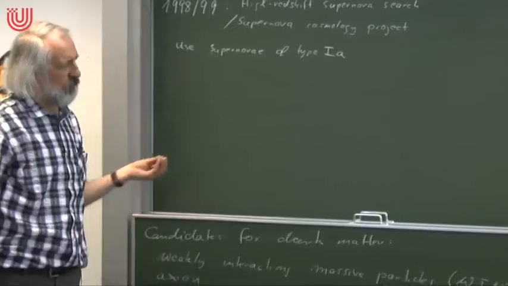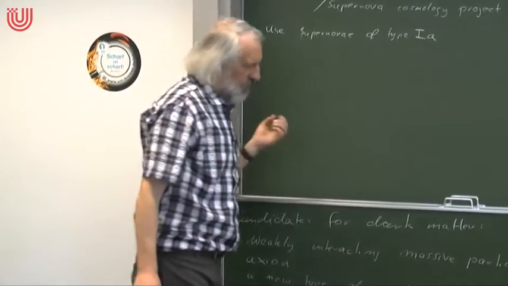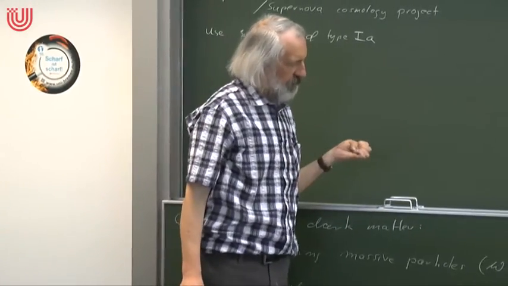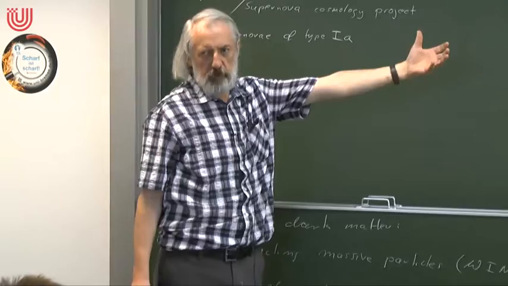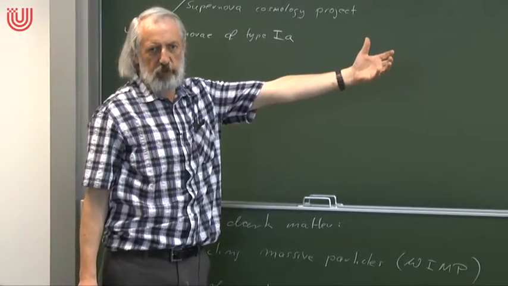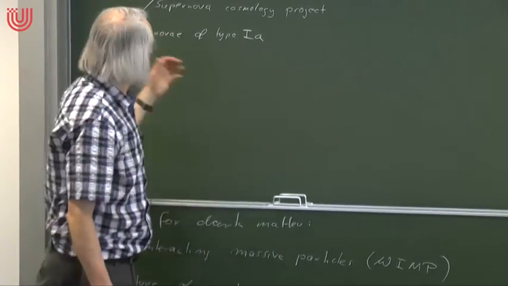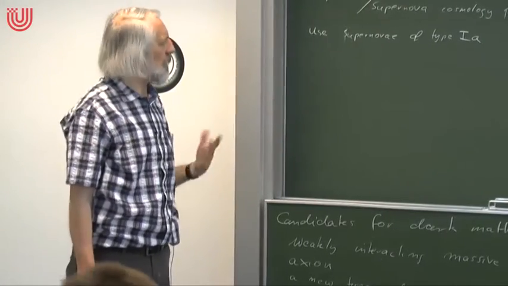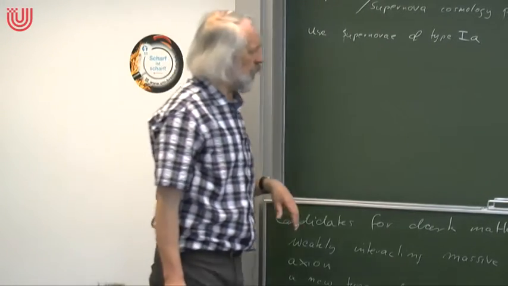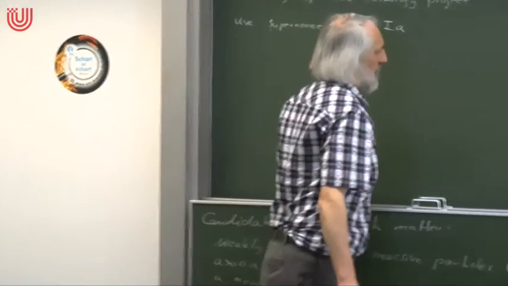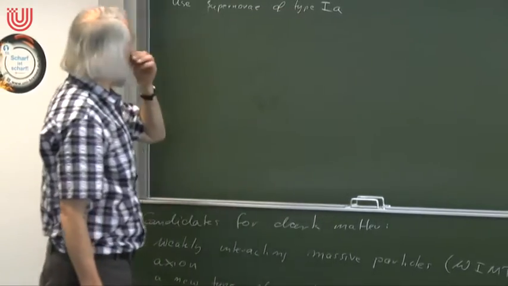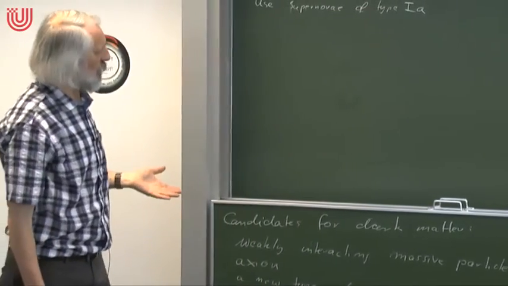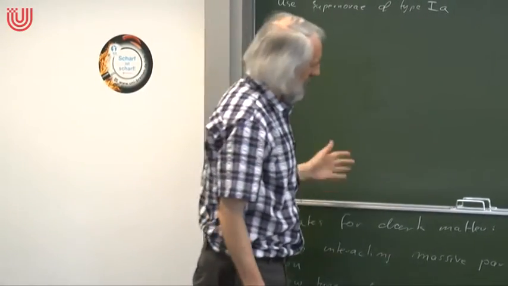So we need light sources about which we know their intrinsic luminosity, and they must be available at large distances, because otherwise we cannot use them for cosmology. And before this project, we didn't have standard candles of this kind. And these supernovae of type 1a were really the first standard candles which were able to fill this gap. So they are supernovae, so they are very bright.